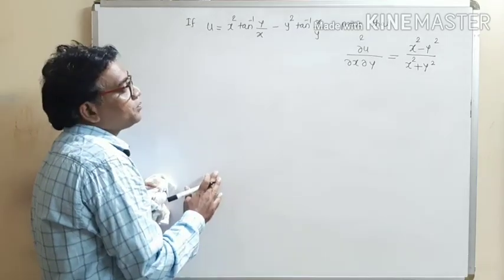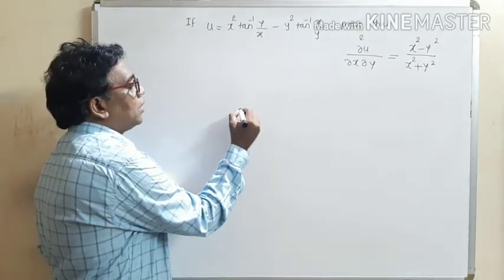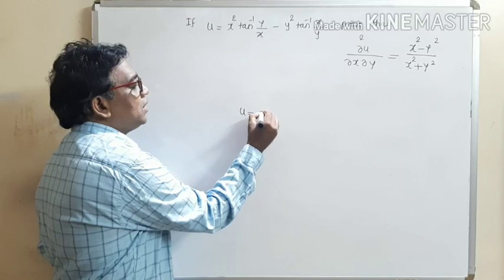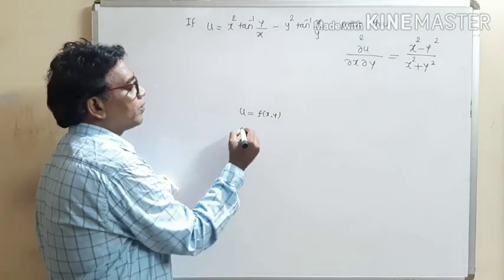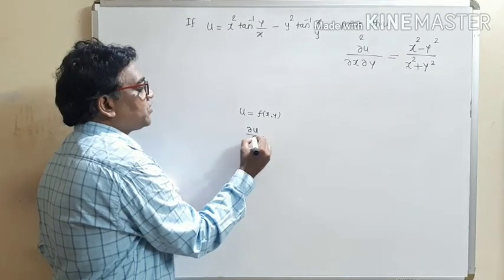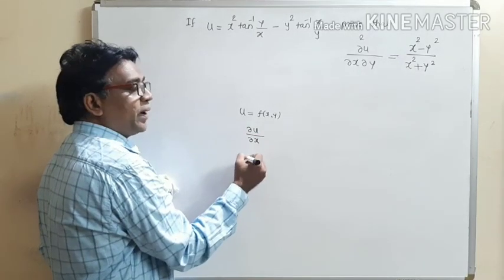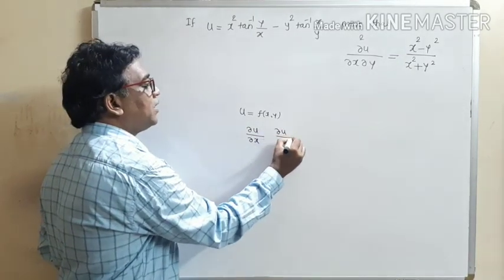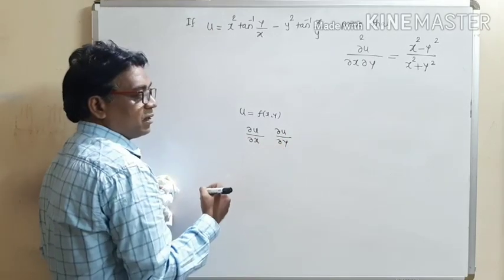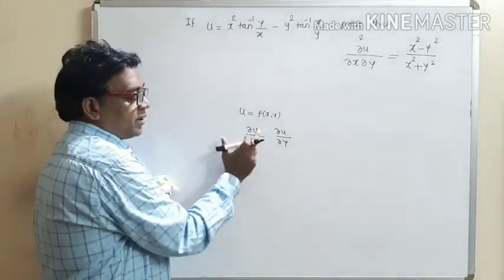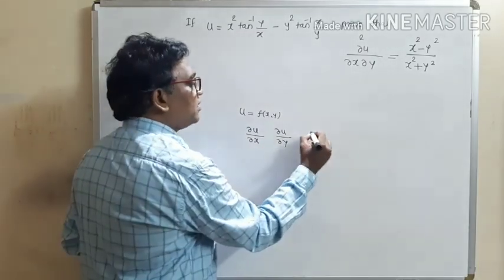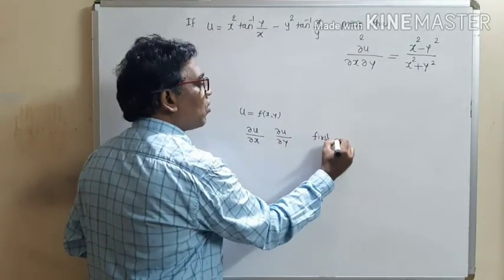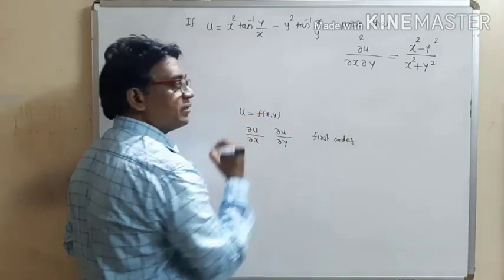Now see, if u is a function of x, y suppose, then the partial derivative ∂u/∂x and ∂u/∂y, this is called the first order partial derivative.